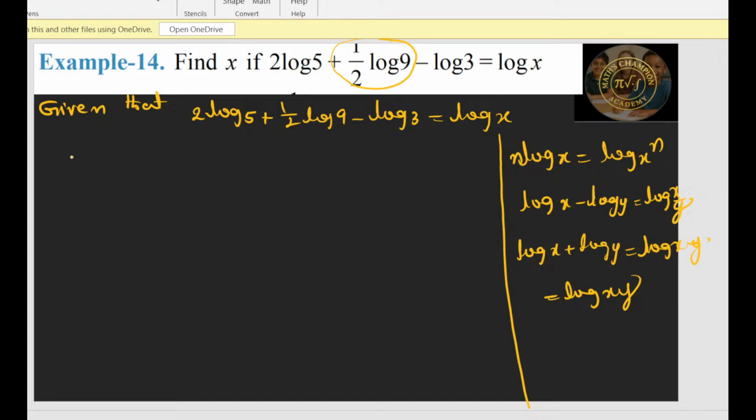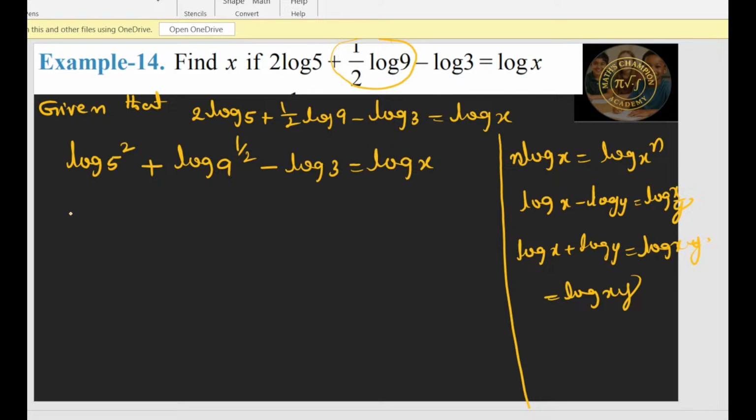So we can write this as log 5 square plus log 9 power 1 by 2 minus log 3 is equal to log x. Is it clear?